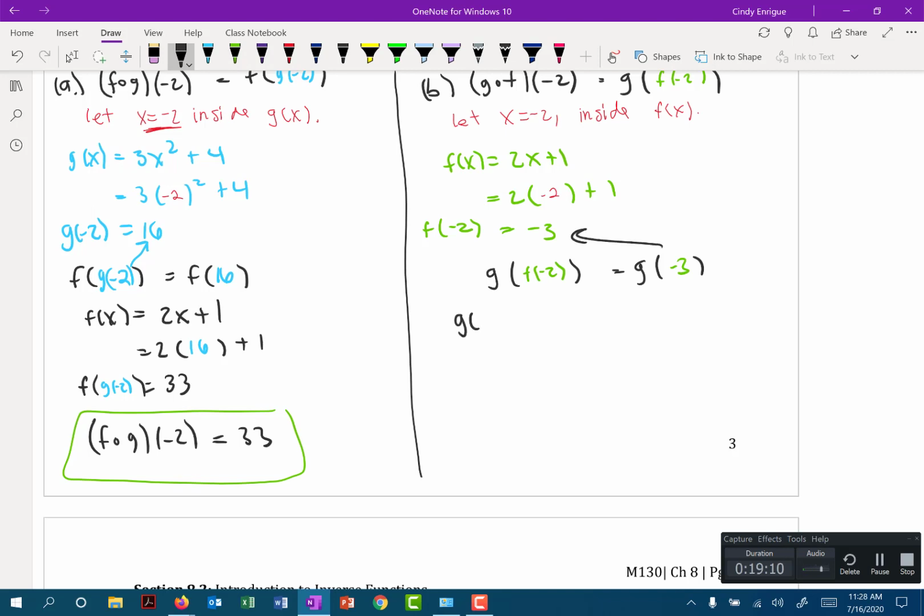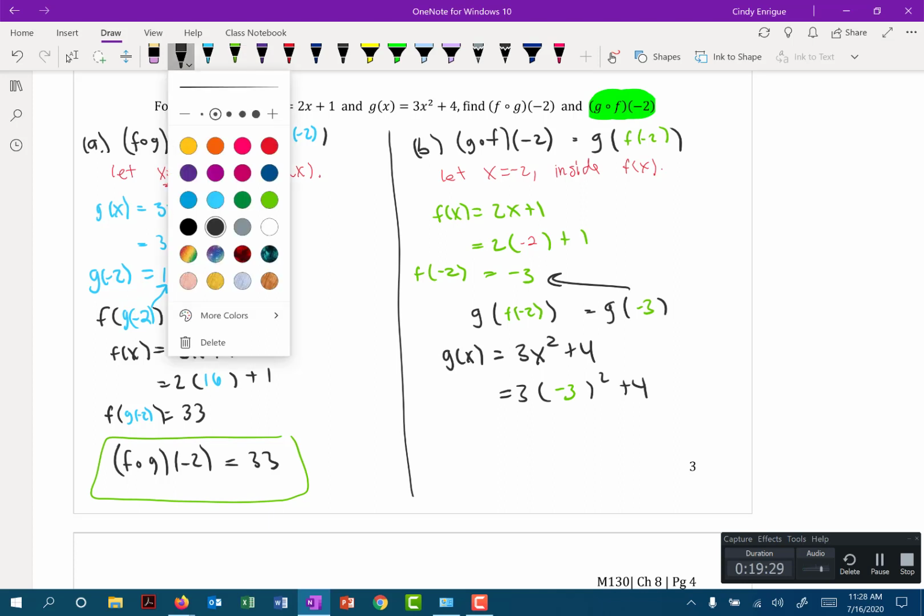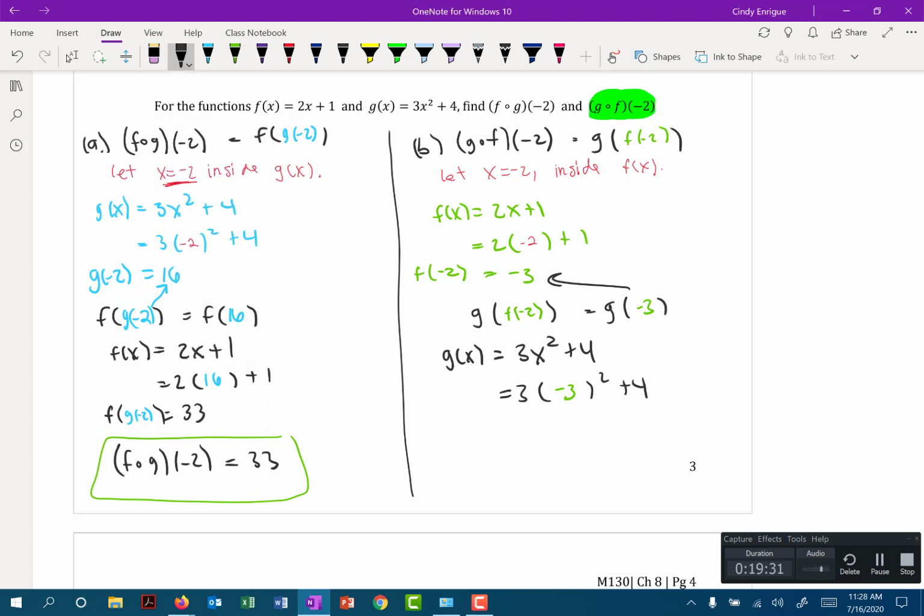So now your g of x function is equal to, that was your 3x squared plus 4. So that x value that you're plugging in is going to be a -3. So 3 times -3 squared plus 4 is equal to a 31.